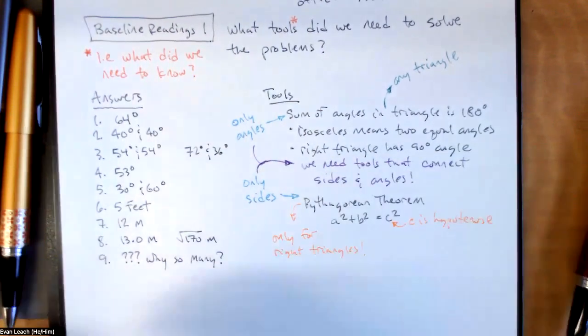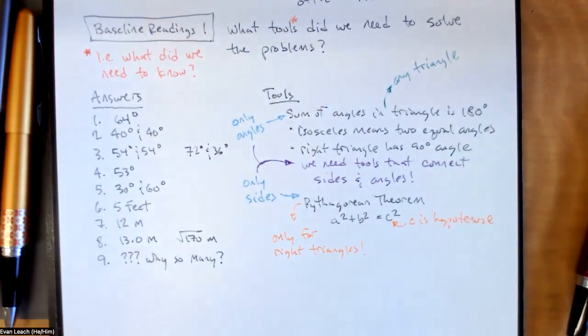We need tools that involve not just angles, not just sides, but both. And that's why we have trig functions. The trig functions, the ones that we're going to be using most of the semester, are tools that involve sides and angles.